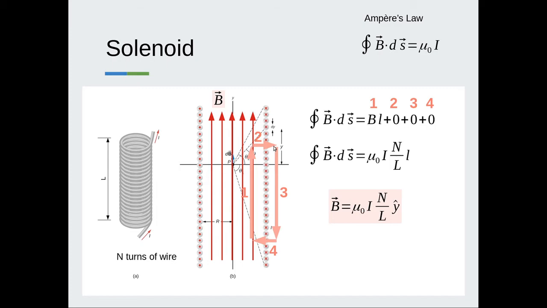On this section, B and ds are perpendicular to each other, so vector B dot vector ds gives you 0. And if you walk outside, there is no magnetic field in the exterior region of your solenoid. Just remember we have a very long solenoid, isn't it?